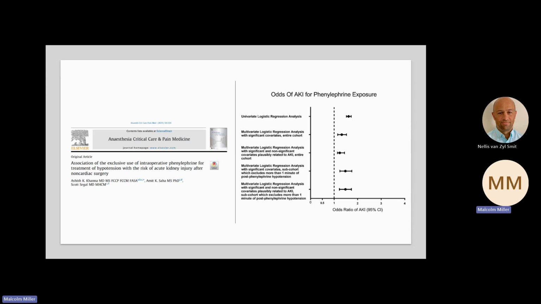It's a synthetic alpha agonist, and I think we often see negative effects as a result of the use of phenylephrine, particularly in high doses for prolonged periods in an unmonitored type of environment. But this paper clearly illustrates how the use of phenylephrine for hypotension can increase your risk of acute kidney injury.